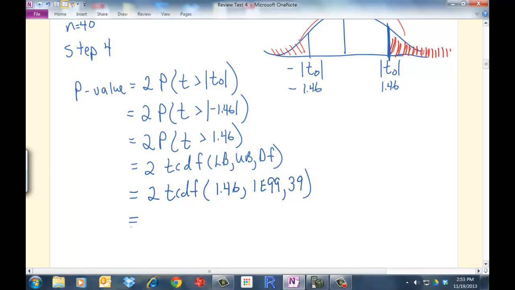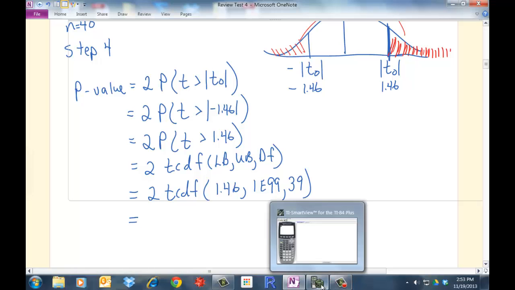So let's look on to the calculator and see what we get for this particular p-value here.